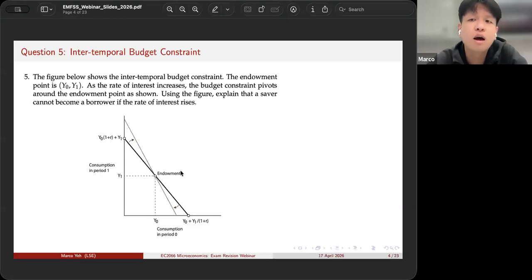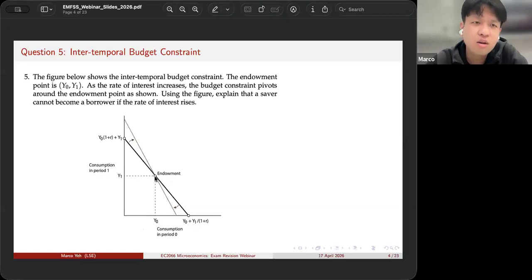So what do we mean by endowment point? The endowment is the income level. What do we mean by that? Today I earn Y0. Tomorrow I earn Y1 for my income. So Y0, Y1 will be a bundle, which is the endowment.